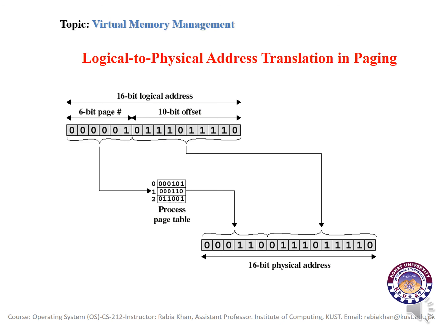The page number is indexed with the page table and the corresponding frame number is fetched from there. This frame number is then linked with the offset in order to get the actual physical address, which is again in 16 bits.